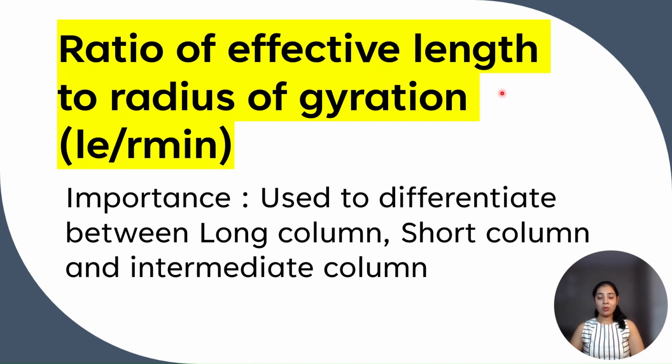But how to know these columns? What are the values? What is the criteria to differentiate? Yes. So the ratio of effective length to radius of gyration, LE upon R minimum, is used to differentiate between long column, short column and intermediate column.